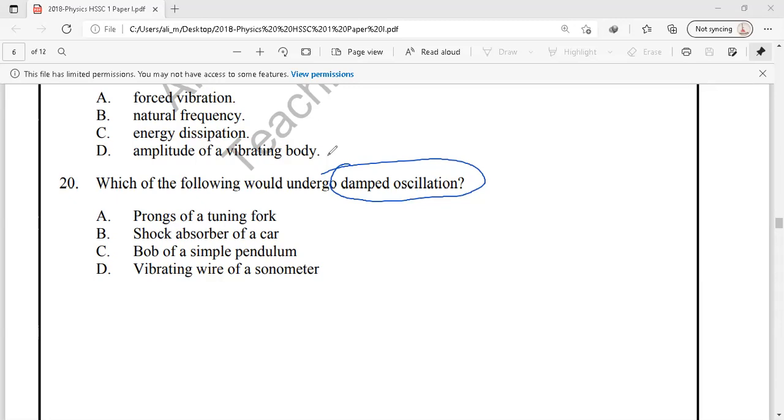So, we have studied examples. The most common example of this damped oscillation is the shock absorber of the car that is used to reduce the vibration of the car body due to the bumps present on the road. So, correct answer in this question number 20 is option B.